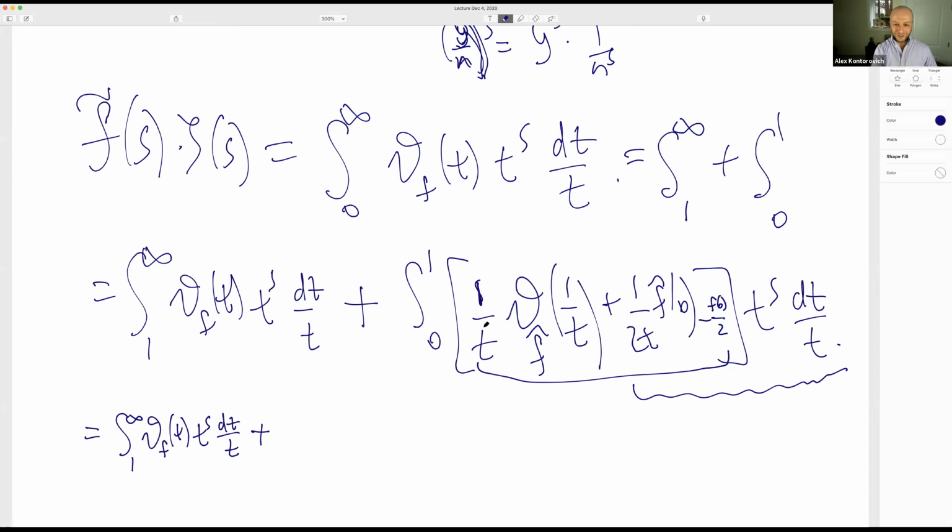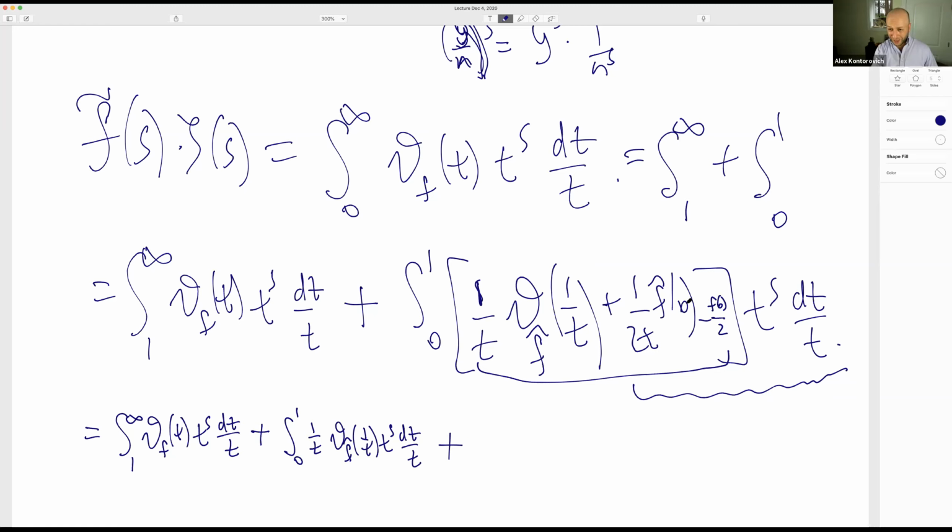Integral from 0 to 1, 1 over t theta of f hat at 1 over t, t to the s, dt over t. I haven't done anything with that.